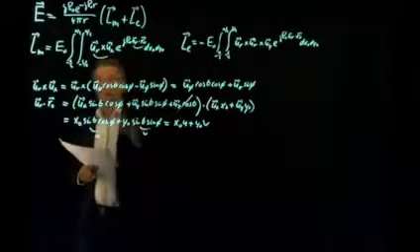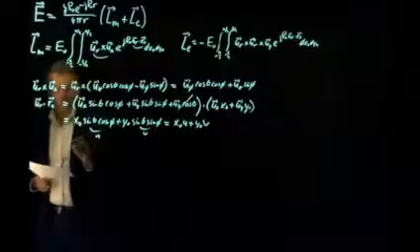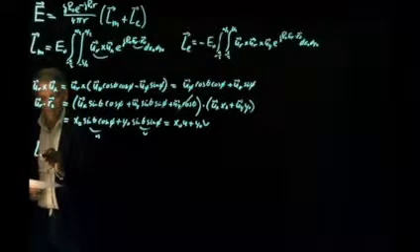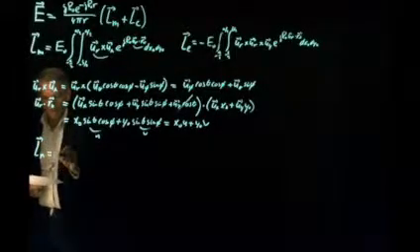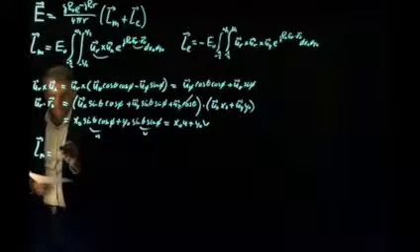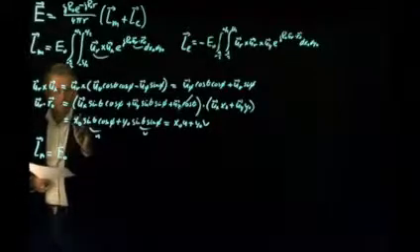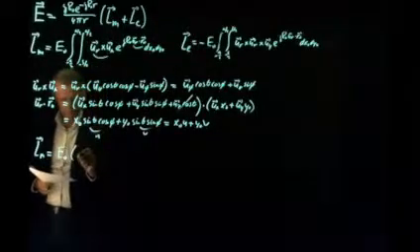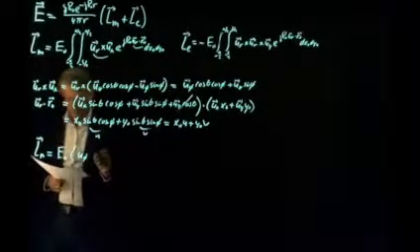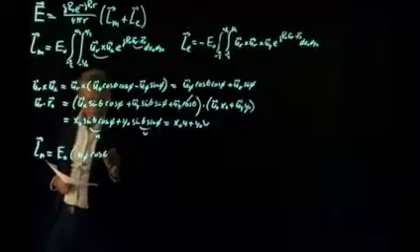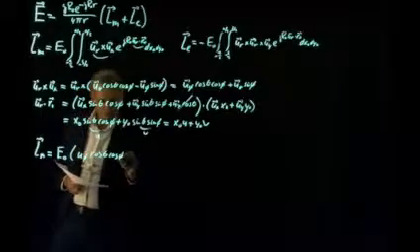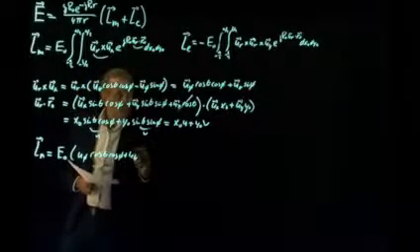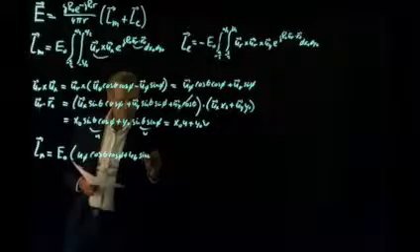Now we can substitute this in Lm, which means that Lm is then the integral. We have E0, and then we have this vector product that we found there, so that's u phi cosine theta cosine phi plus u theta times sine phi.